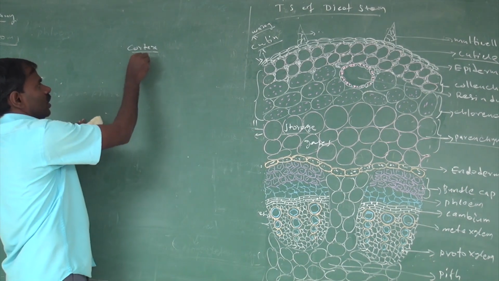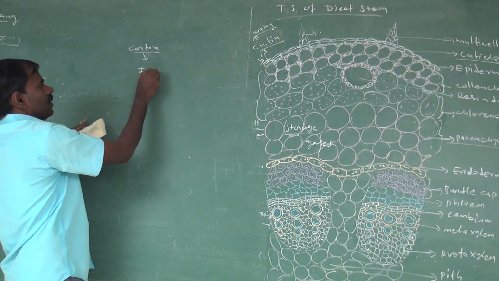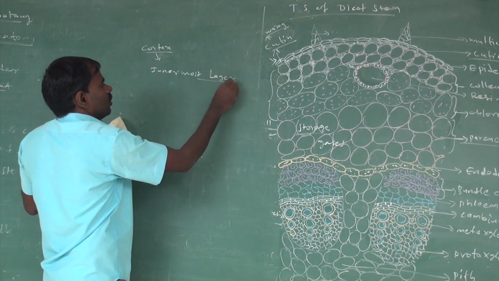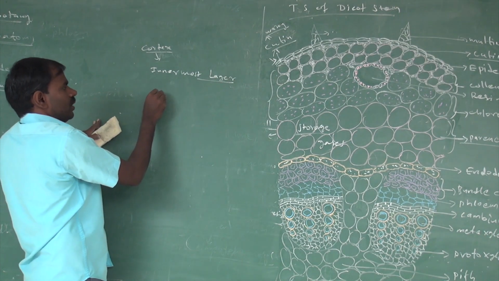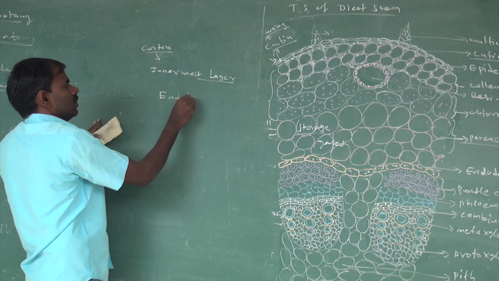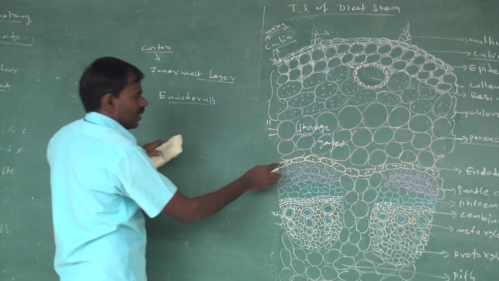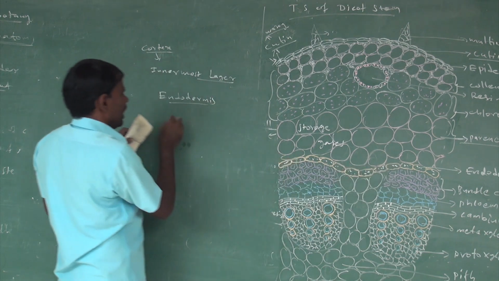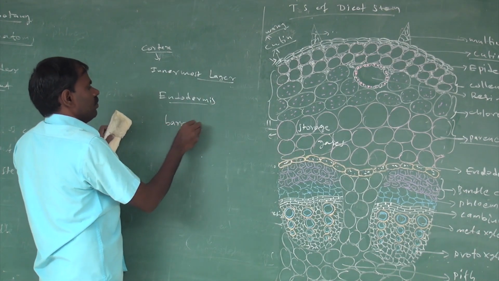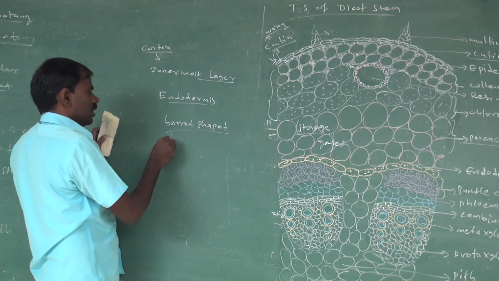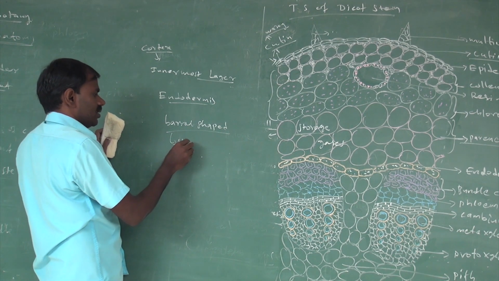The next one is the innermost layer, which is called the endodermis. The endodermis is a single layer made up of barrel-shaped parenchyma cells. It contains starch sheath cells with starch grains.